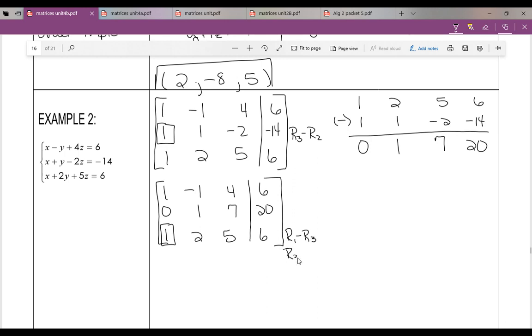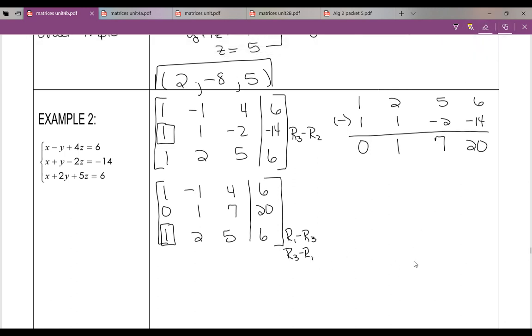Could I do row 3 minus row 1? Would I want to pair this with row 2 at all? No, because it's not going to give me a 0. So which one do you want to do? 1 minus 3 or 3 minus 1? It really doesn't matter. The only difference is the numbers will be the same, but all the signs will be opposite.